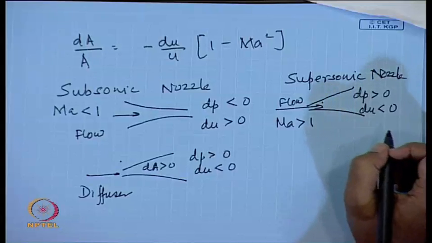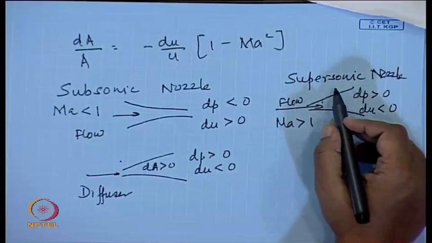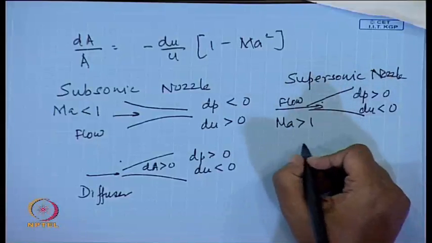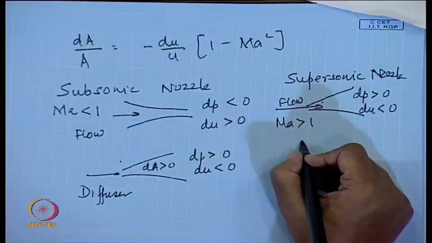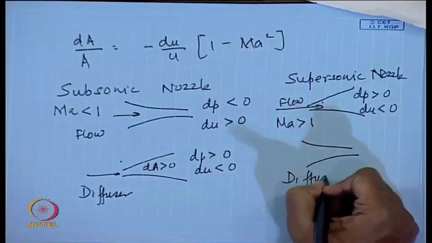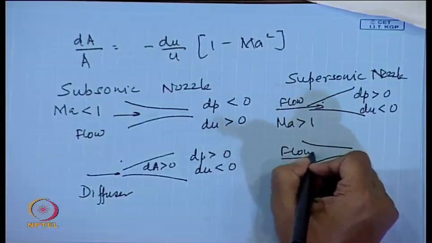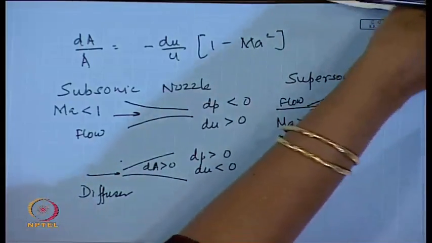So, the supersonic nozzle is of this particular form and the supersonic diffuser has a convergent profile. Again the same thing, flow is in this particular direction.